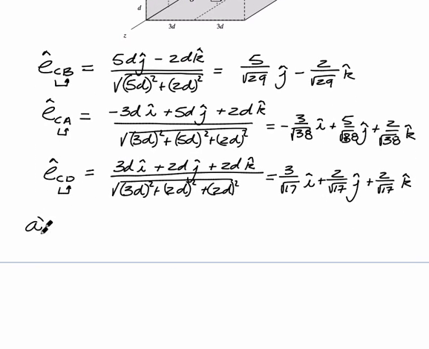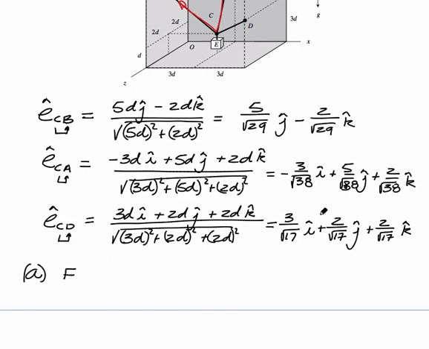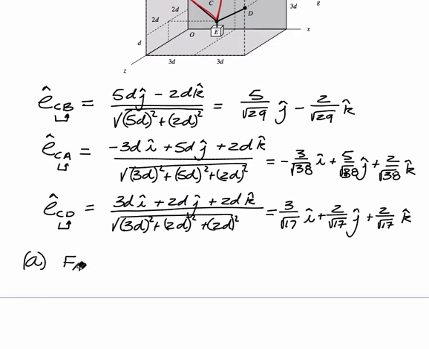For part A, we want to take the force, which I've designated there as FAC. I need to project that onto eCD and multiply by eCD.